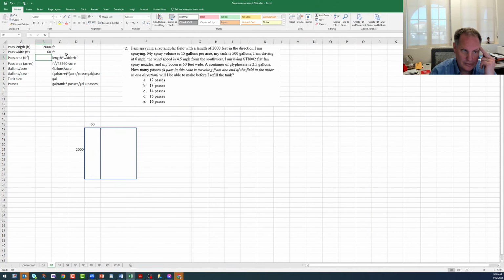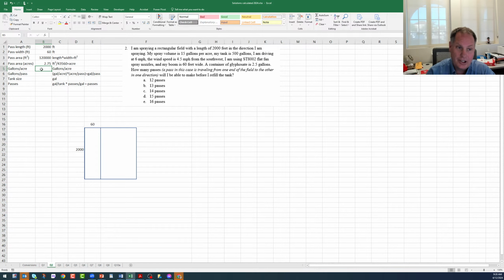To get this, I just do my length times my width, and I get 120,000 square feet. Let's go ahead and convert that to acres by dividing by 43,560. So each pass I'm spraying about 2.75 acres.